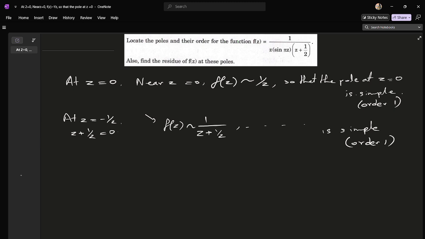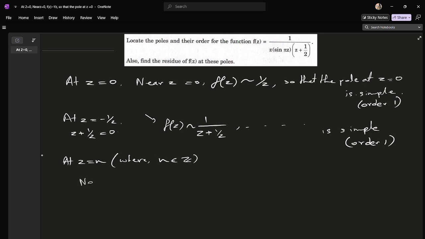Now for sin(πz), we have to think about z equals n, where n belongs to the integers. The term sin(πz) in the denominator vanishes at z equals n.